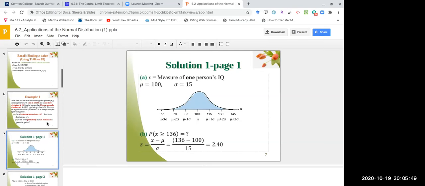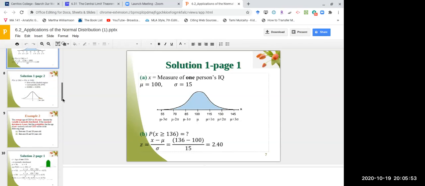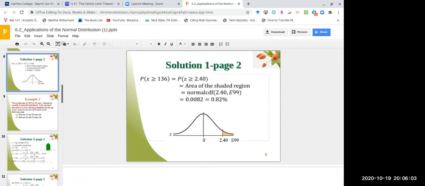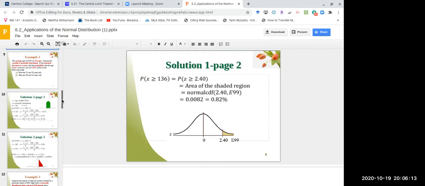Once we find the z-score, that's not my probability. Once I find the z-score, then I do what I did in section 6.1, which is I find the area to the right of it, and we get 0.82, okay?